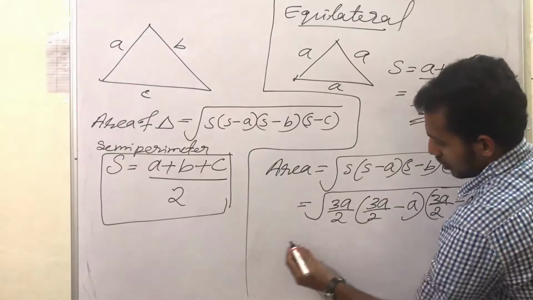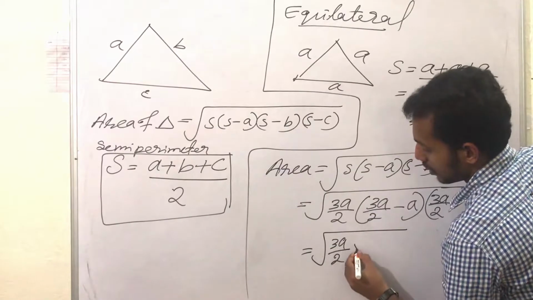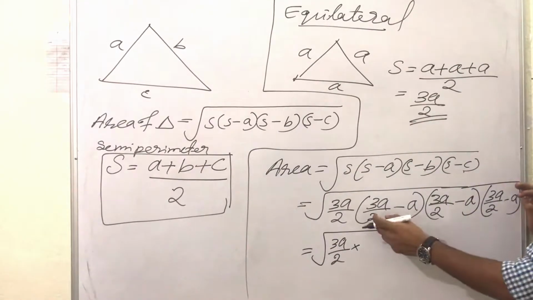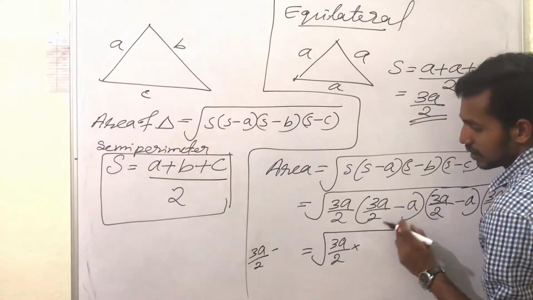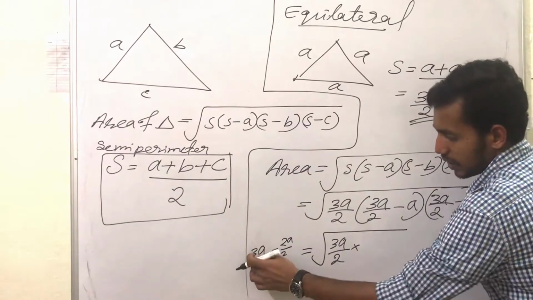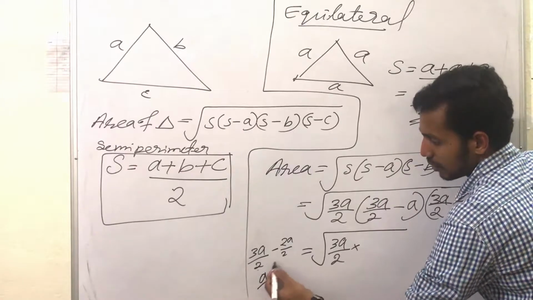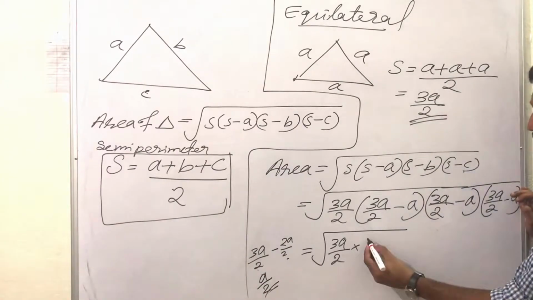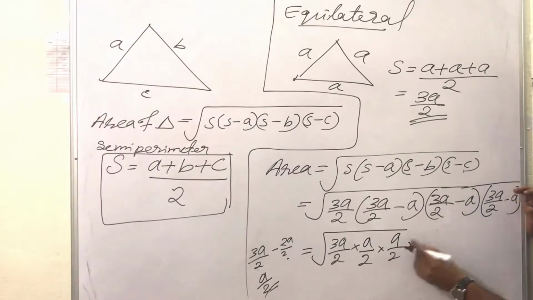Then that is equal to square root of 3a by 2 into 3a by 2 minus a, we can take the LCM. To make the denominator 2 we have to multiply and divide by 2. So 3a minus 2a is equal to a divided by 2. So a by 2 here, here also a by 2, here also a by 2.